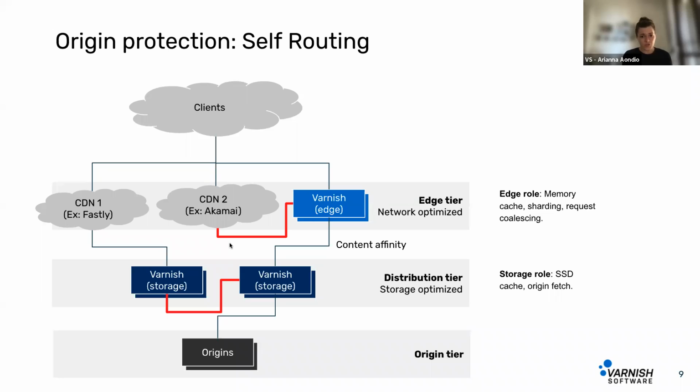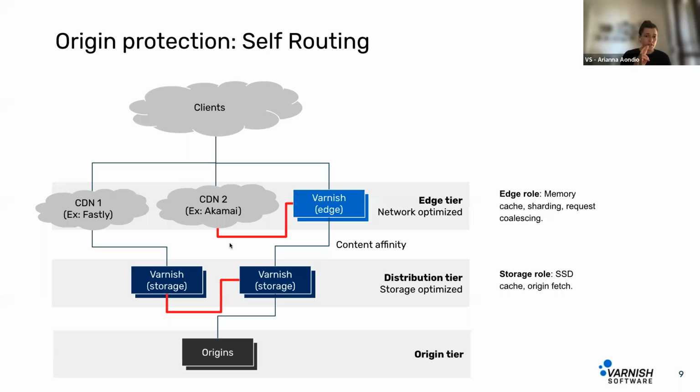If the content is not available in any of the POPs or in any of the nodes, then we're gonna send the request to the origin. But if we introduce this logic, then the origin again will see one single request per asset, no more than that. And that's the best case scenario. And if that happens, it means we have created a perfect funnel and we are distributing content in the best possible way.